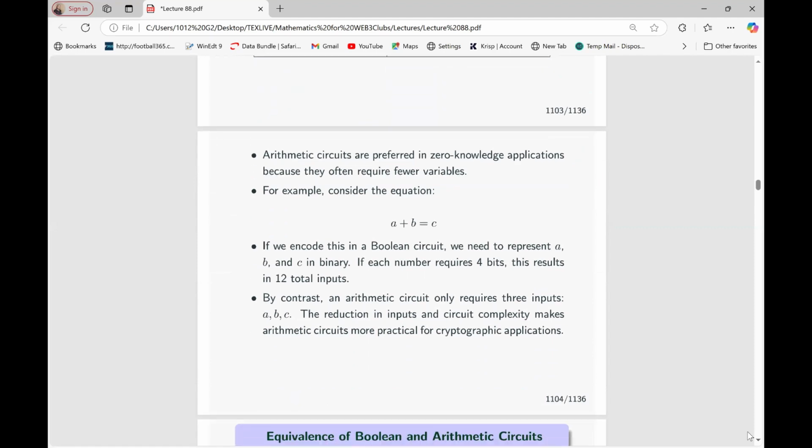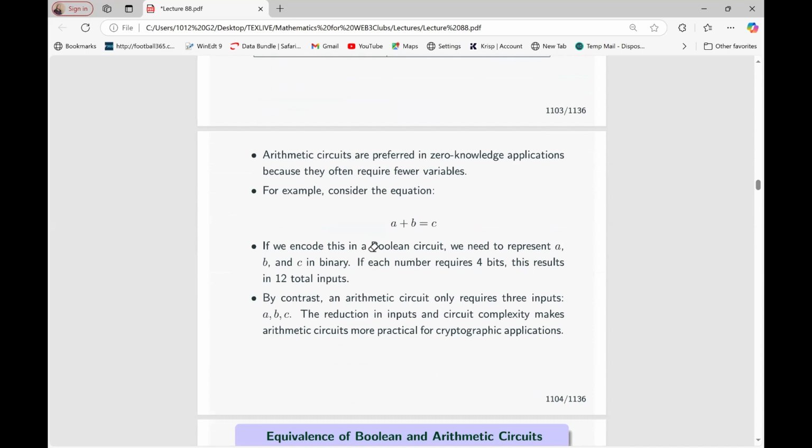I already explained that the Boolean circuit has a disadvantage such that even for simple computations like A plus B is C, the Boolean circuit would require that you convert A to binary, convert B to binary, convert C to binary, and then after that, you verify the computation.